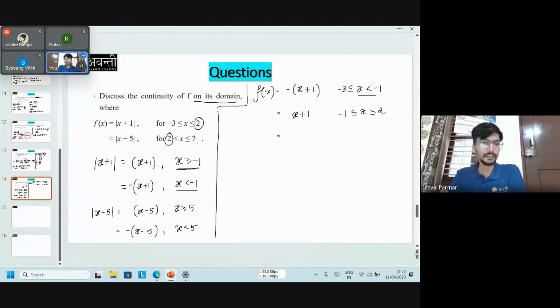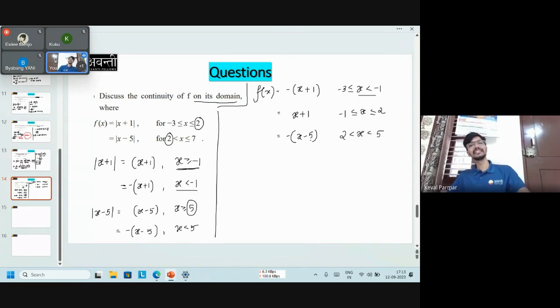Then between 2 to 7, we have to break at 5. So from 2 to 5, x is less than or equal to 5, or you can simply write x is less than 5. From 2 to 5, my function is, less than 5 means minus of x minus 5.